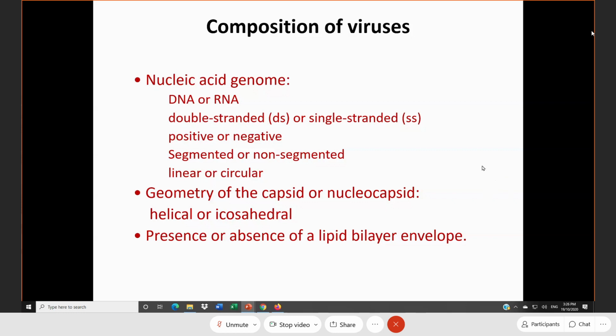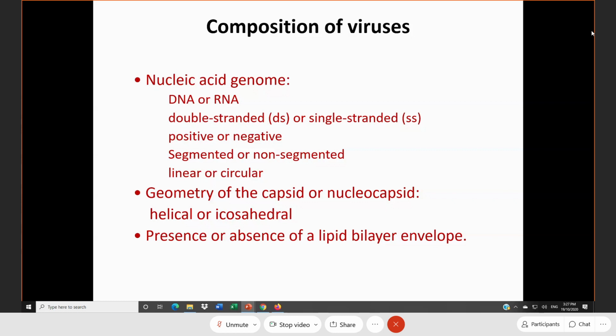In principle, in the center of the durian you have DNA or RNA. Then the DNA or RNA is surrounded by capsid, and the capsid is surrounded by envelope. Understand? You have those two layers. The envelope is actually from the cell membrane of the infected cell.